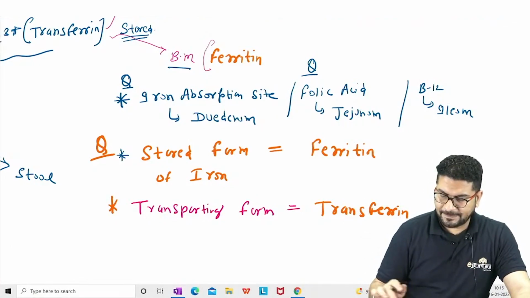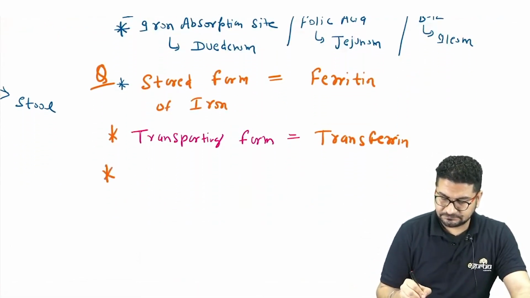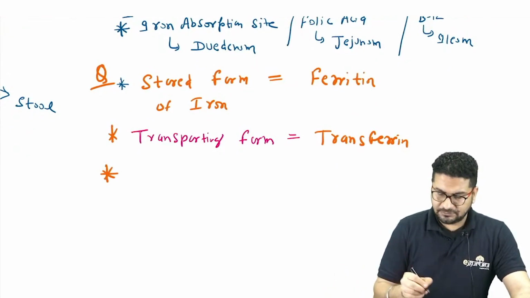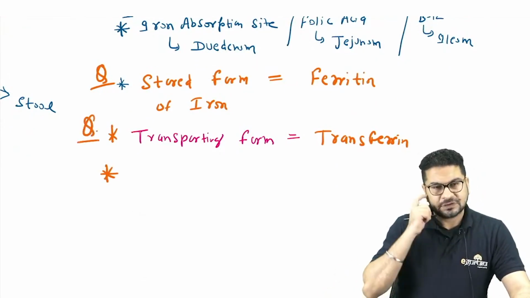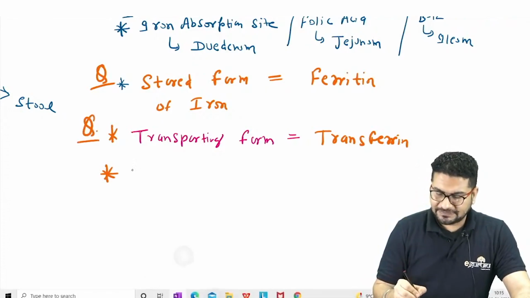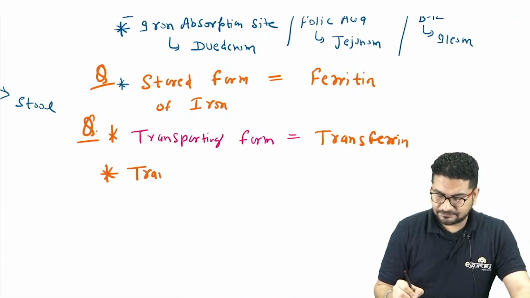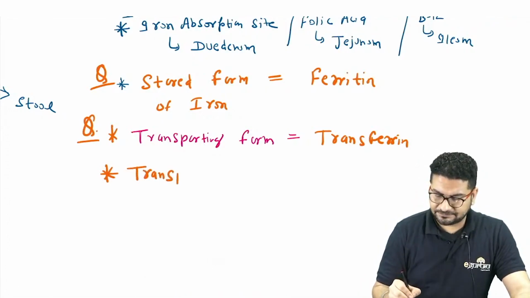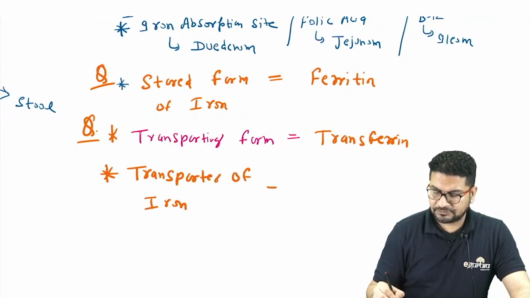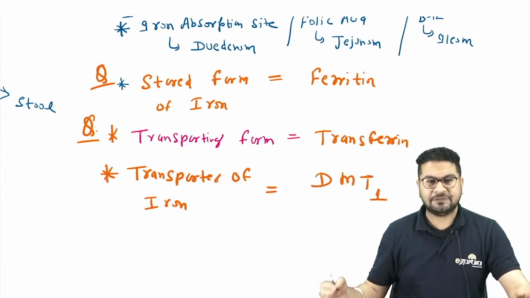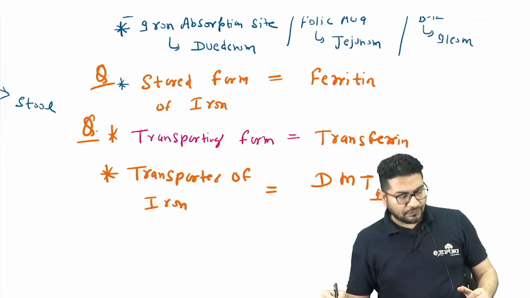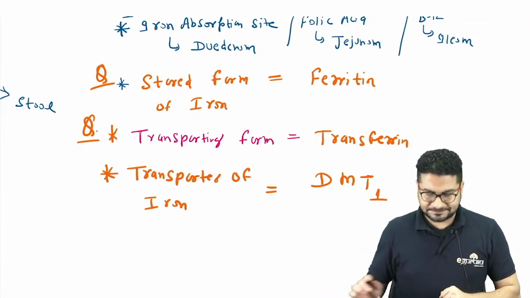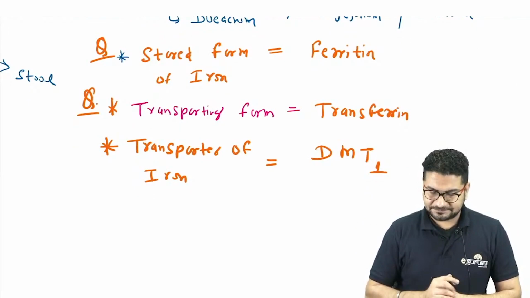One more MCQ: stored form is ferritin, transporting form is transferrin. If I ask for the transporter of iron into the enterocyte, I told you it is DMT1, divalent metal transporter. Right?